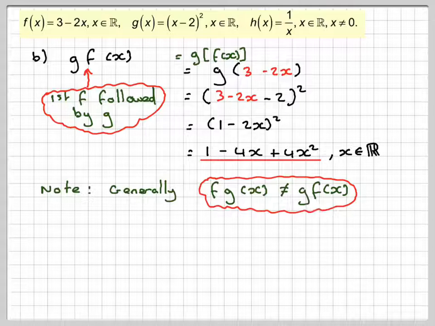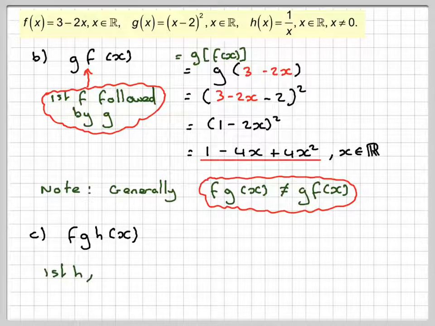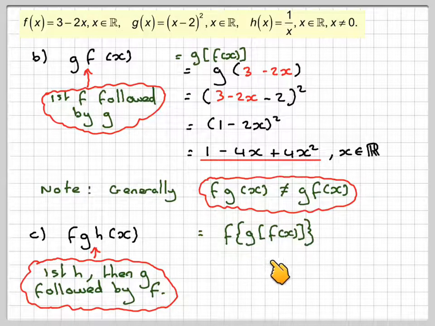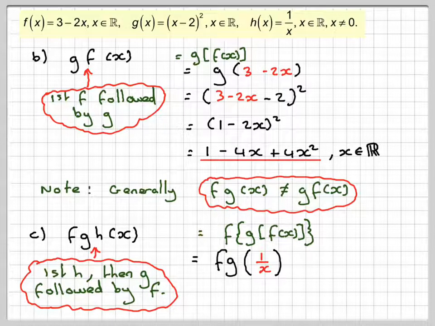Now in general we should note that f of g of x is not equal to g of f of x. Next, f of g of h of x. It means first h, then g, followed by f, in that order: first, second, third. So we're going to do f of g of h of x.